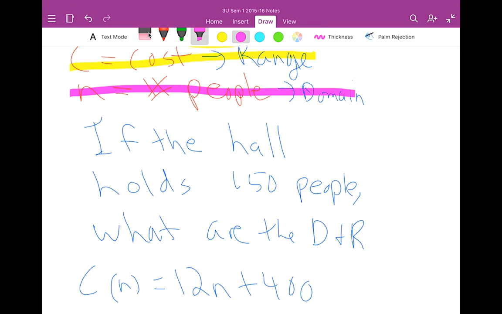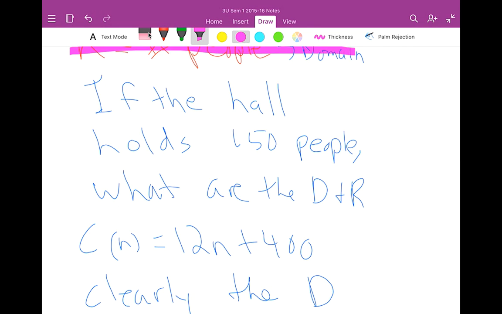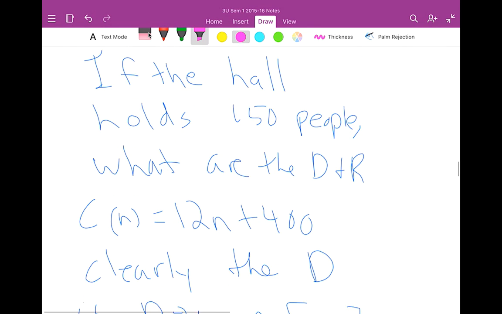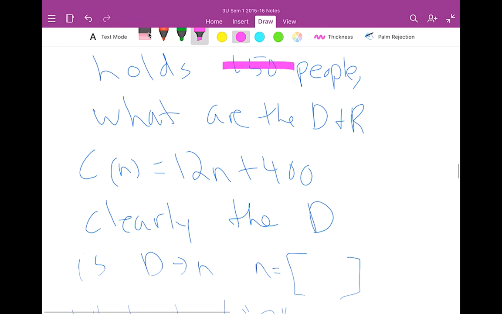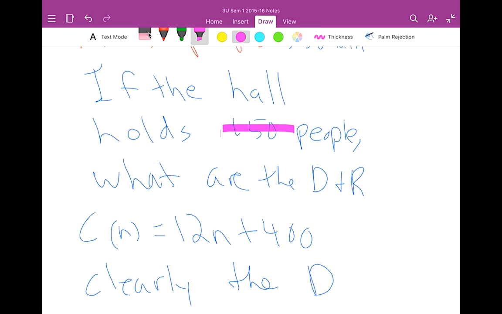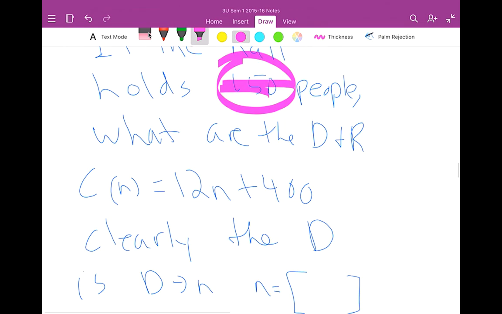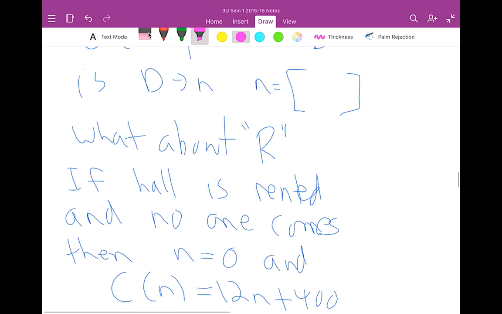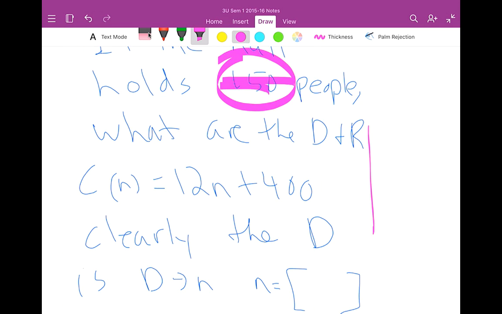So if the hall holds 150 people, what are the domain and range? So it looks like if the hall holds a maximum of 150 people, well, if we looked at our graph, the cost starts at a certain amount here, which is 400 for the hall.